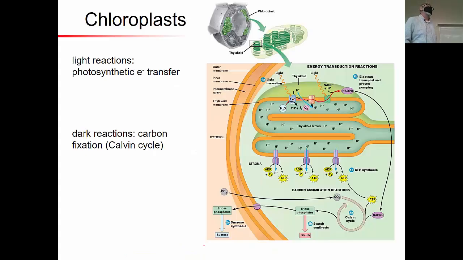Another form of ATP production utilizes the same principle. A proton gradient is built, and from that proton gradient, we can utilize ATP synthase to drive ATP production. In this case, however, what's moving the protons isn't an electron transport chain, but instead is this photosynthetic system.